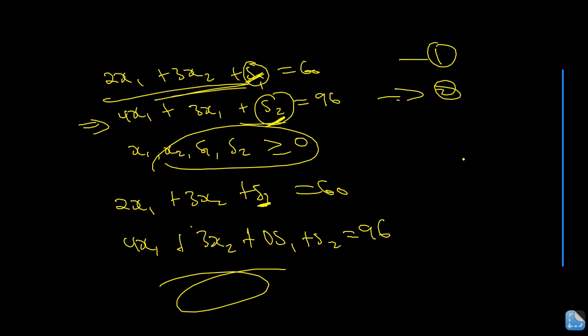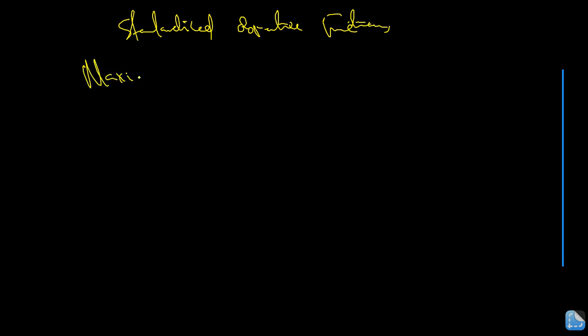Therefore, the coefficients are assigned zeros, such that our standardized objective function will be: maximize z equal to 40x1 plus 35x2 plus 0 s1 plus 0 s2.